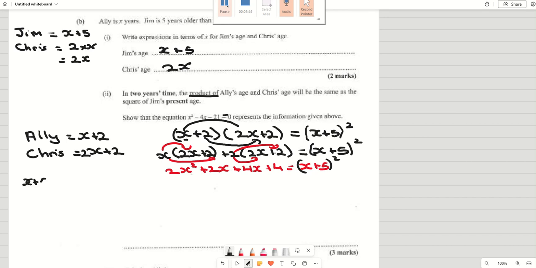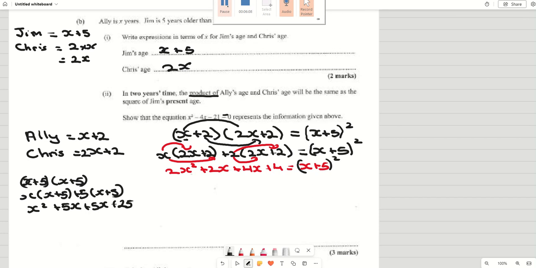X plus 5 by x plus 5 is x by x plus 5, and then plus 5 by x plus 5. X by x is x squared, x by 5 is plus 5x, 5 by x is 5x, and 5 by 5 is plus 25.